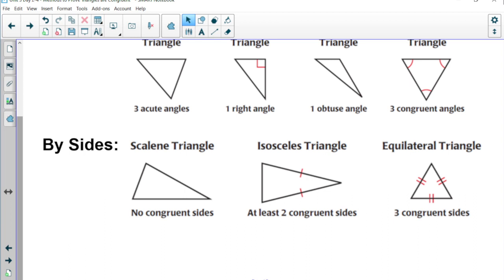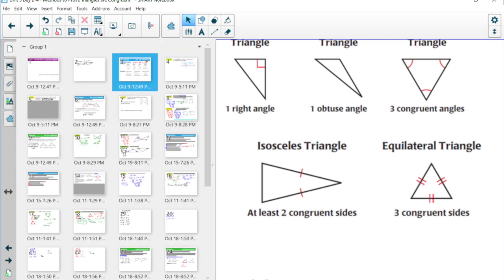And the way we can determine whether the sides are the same, when we say the sides being the same, guess what we're talking about? We're talking about the length, the distance. Here's where our distance formula comes in. So that's what you're going to see here today.